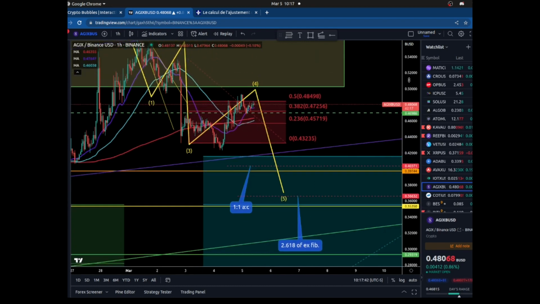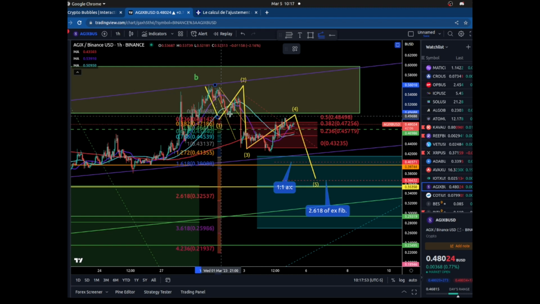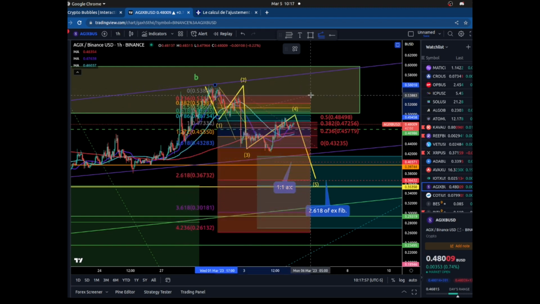And now I already did, let me do it again, the Fibonacci extension. If I take this wave 1 and I put this wave 2, the third ideal target was the 1.618, which we almost did bend on.